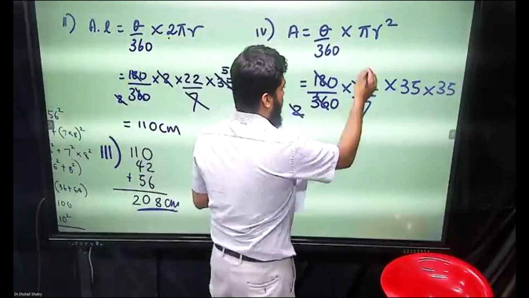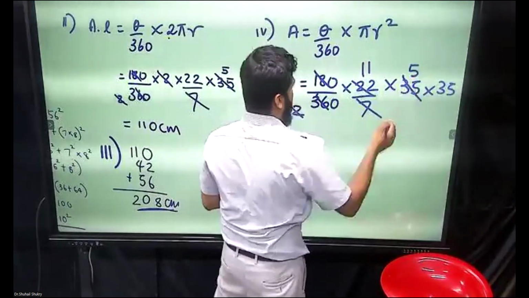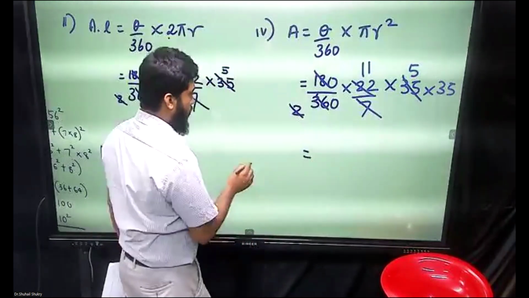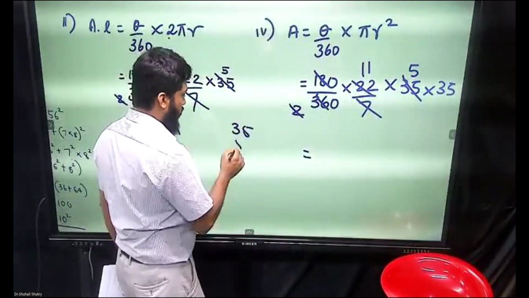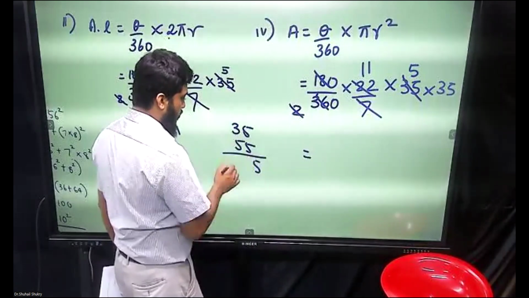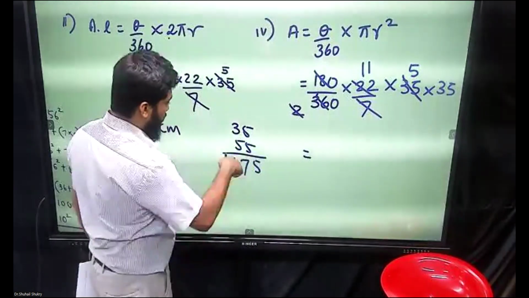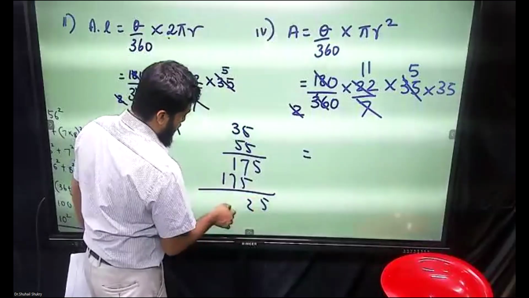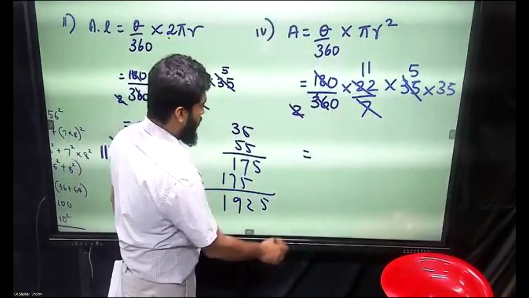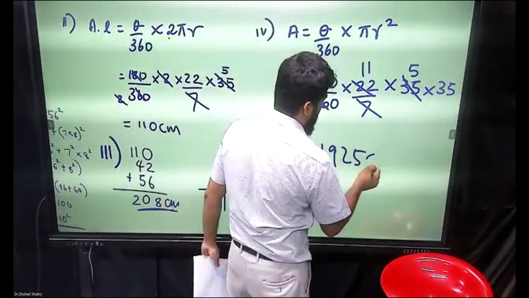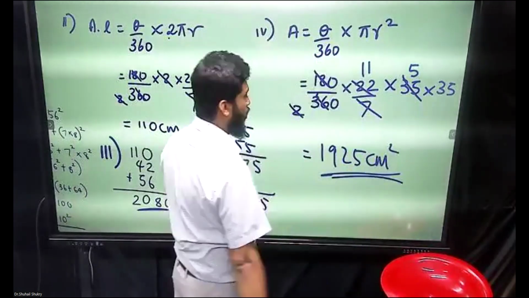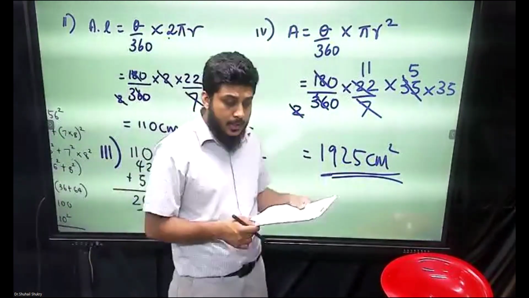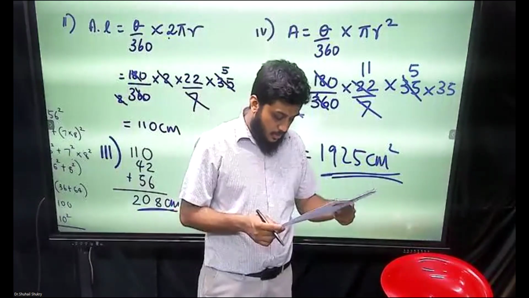Here 2, here 11, here 5. 11 into 5 is 55. 55 into 35 is 1925 square centimeters. That is the fourth one. Fifth one, the triangle is converted into a rectangle with one side B.